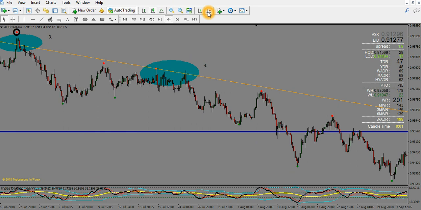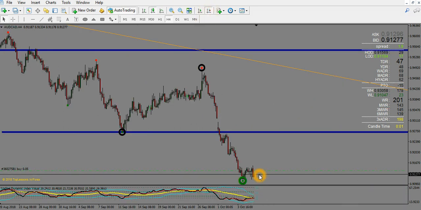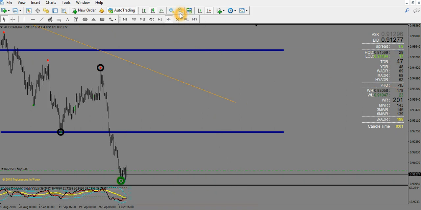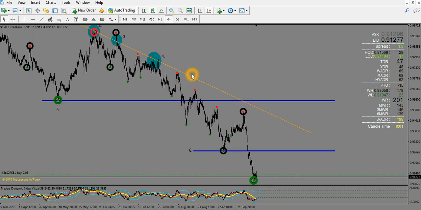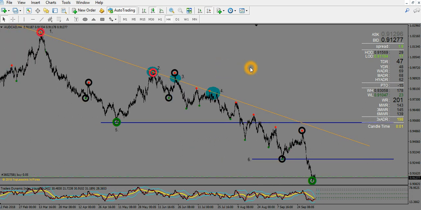It has to recorrect. It cannot drop infinitely all the way down. And then I have my RSI giving me high divergence at the most extreme low percentage, that 32 percent. So looking forward to that one, to see how it's going to play out going into next week, Monday.